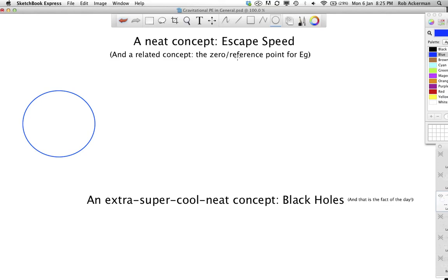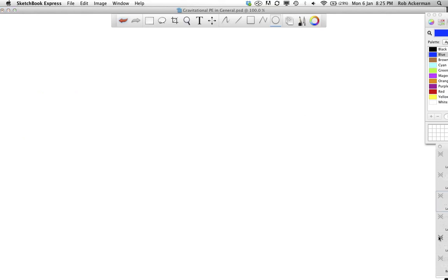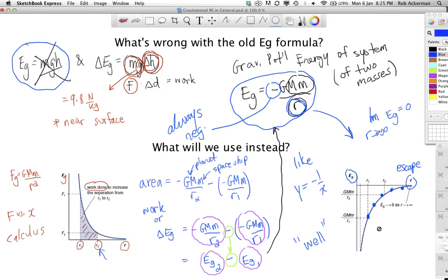How does this work? Well, first to understand this, we have to go all the way back to this graph over here. The idea that if you are sitting on the surface of a planet, and let's say on this graph that is represented by R1. Let's just pretend that R1 represents the surface. And you want to escape.